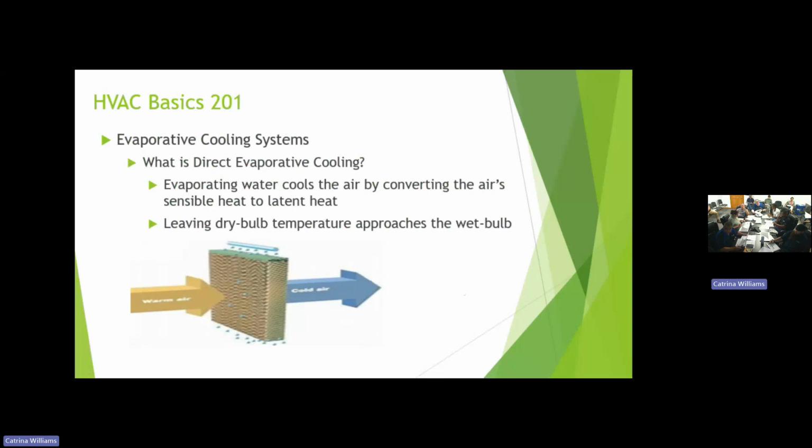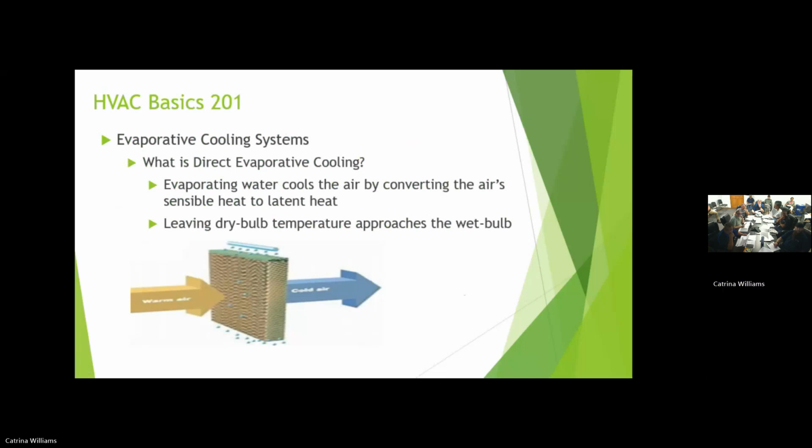So direct evaporation works like this: you have air coming in, hot air, whatever you want to call it. Air goes through it, but the water cools the air by converting the air's sensible heat to latent heat. Dry bulb approaches wet bulb, because wet bulb is going to go up as it picks up this moisture.